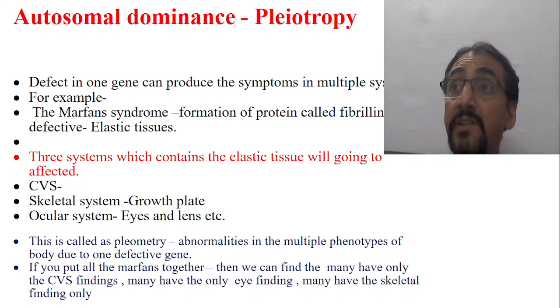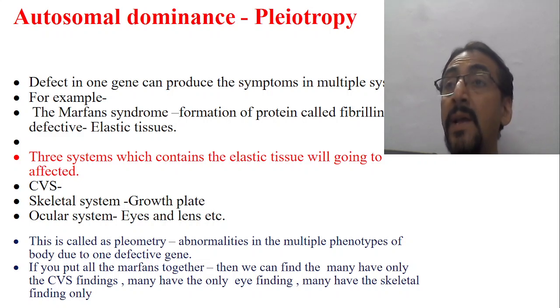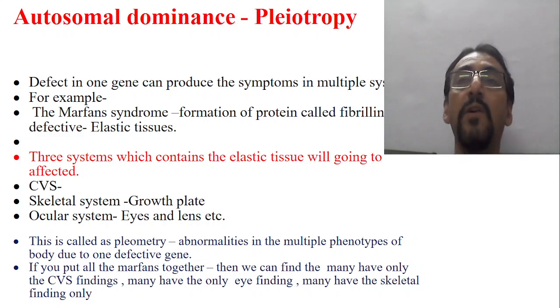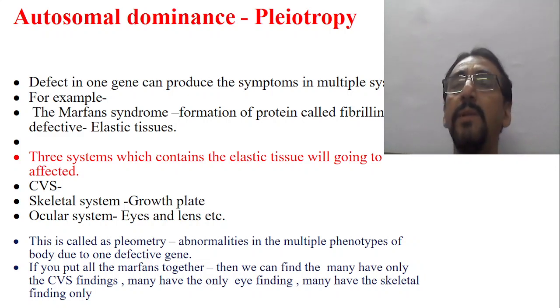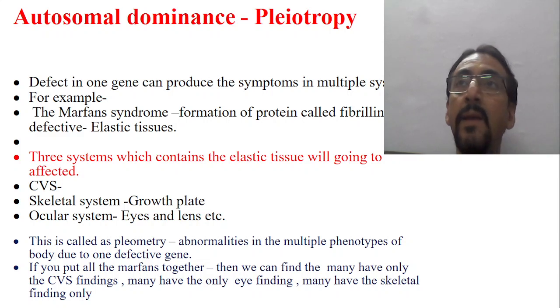Now, if this elastic tissue is not formed because of the absence of fibrillin, then the heart valves and the bigger vessels of the heart are badly affected. Therefore, Marfan syndrome most of the time produces cardiovascular symptoms. Murmurs will be there, or some other problems.